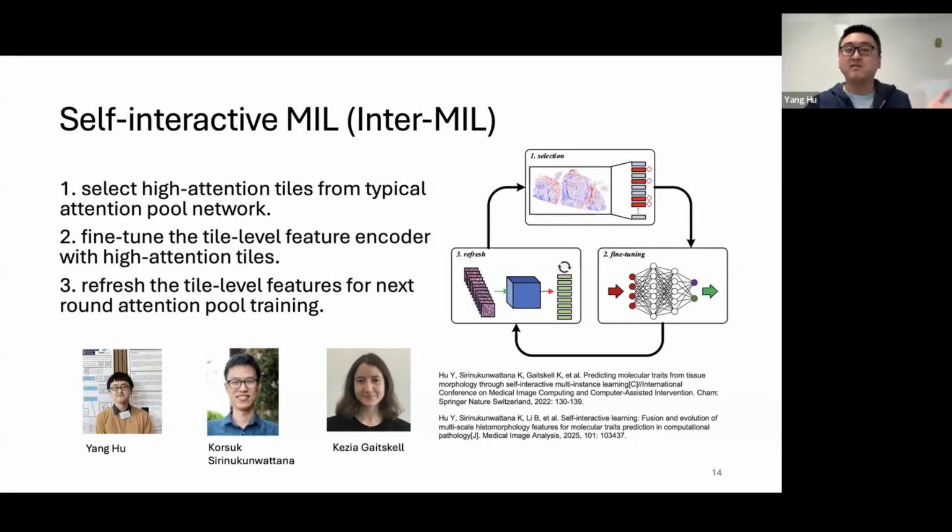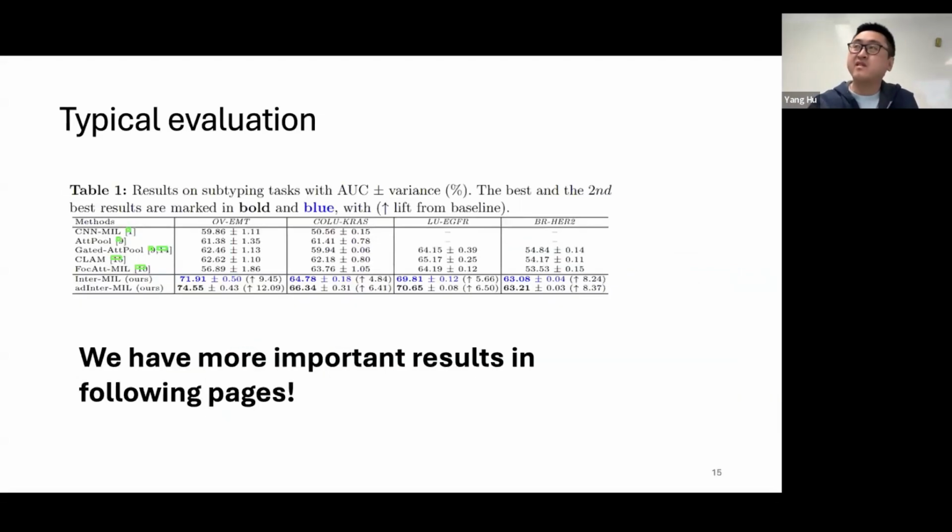So we can refresh the high-level features for the next round of attention pool aggregator training. This work was also collaborated on with our old friend Kosuke, and was published last year in Medical Image Analysis. We got very nice performance improvement on four molecular subtype tasks, which include ovarian cancer, colorectal cancer, lung cancer, and breast cancer as well.